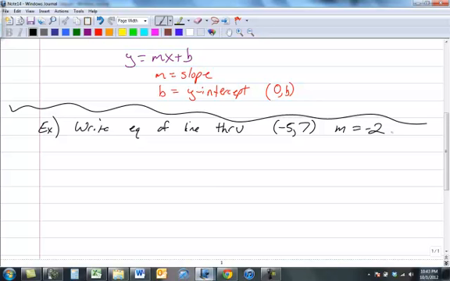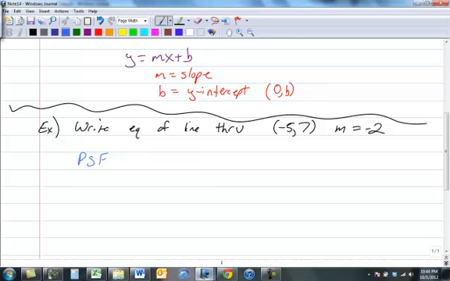All right, so first thing I want you to do, I want you to start off in point-slope form. Who's got point-slope form for me? Matt H. Oh, he was about to say it, and then he put his hand down and said, never mind. So, you ready, Matt? Go for it. Did he say it right?